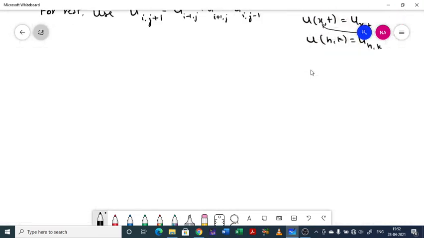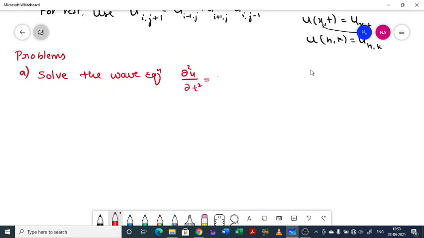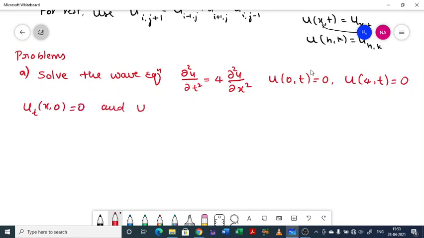Let us jump to problems on wave equations. The first problem: solve the wave equation dou square u by dou t square equal to 4 into dou square u by dou x square, subject to the conditions u of 0 comma t equal to 0, u of 4 comma t equal to 0, u t of x comma 0 equal to 0, and u of x comma 0 equal to x into 4 minus x.